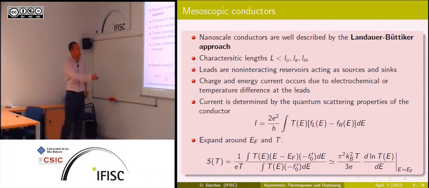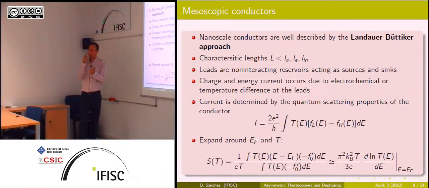Now, this is just a general formula. What you can do, if the transmission is not very strongly dependent on energy, for instance, you don't have any resonances, or you're far away from the resonances, is make a Sommerfeld expansion in powers of temperature, and this is your result.